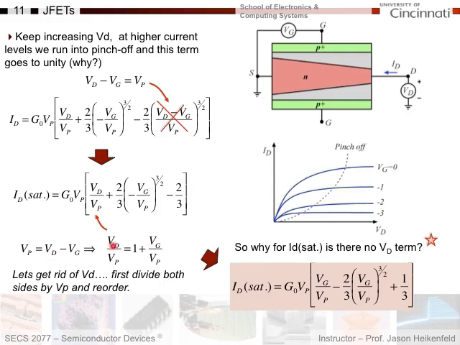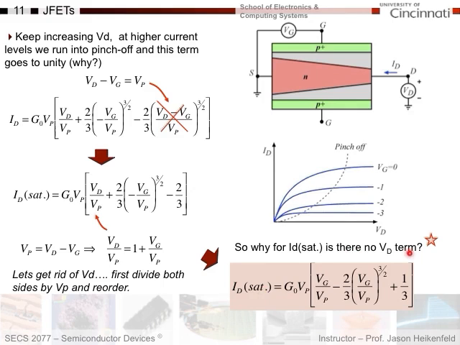I will then notice that these are the same, so I'll put in here this 1 plus VG over VP, and I get the following equation. The equation says as follows: my saturation current is equal to that channel conductance times a bunch of terms which are dependent on pinch-off voltage and gate voltage. Again, this is my saturated drain current, and there's no drain voltage term.